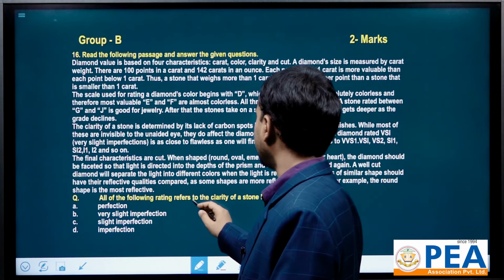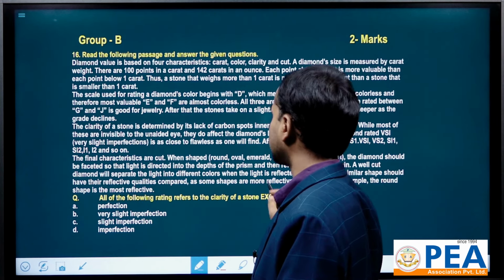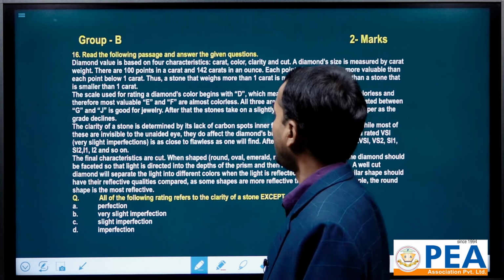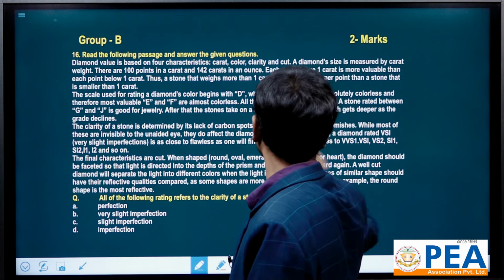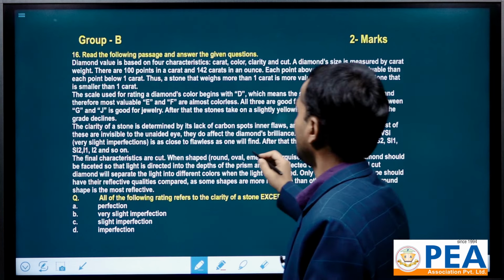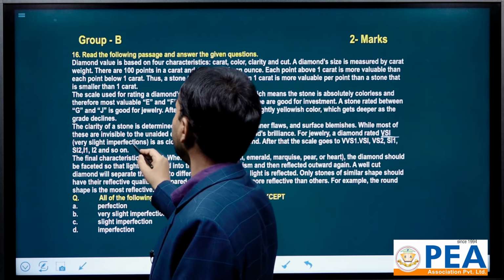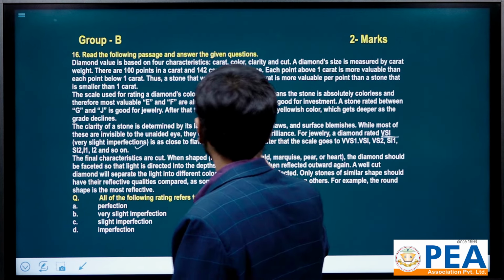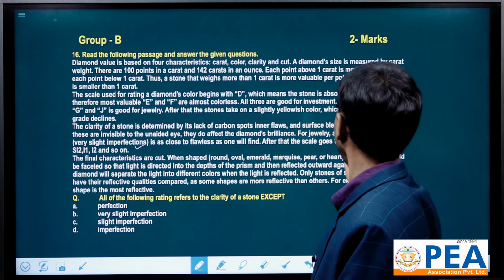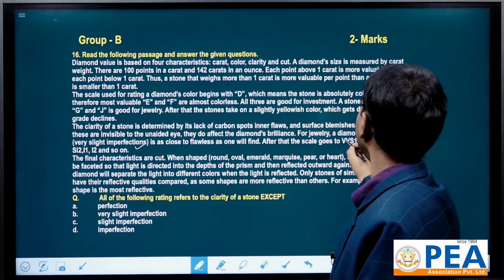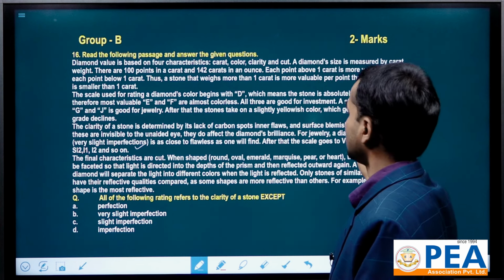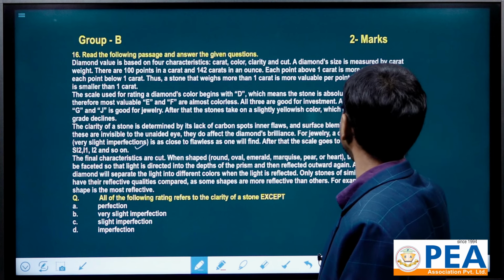All of the following ratings refer to the clarity of stone except. To find it out you have to see here. Here you will study what? VSI. VSI stands for very slight imperfections. Similarly, here you study VVSI, very very slight imperfection.